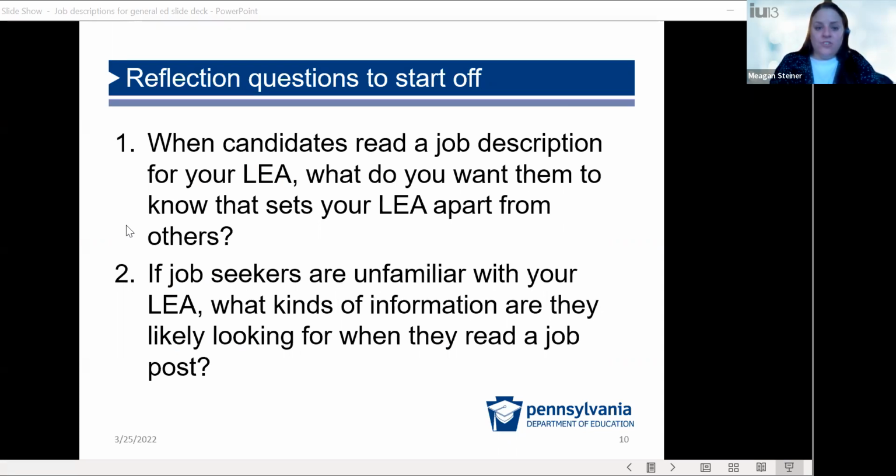And if those job seekers are unfamiliar with your LEA, maybe they're from another part of the state, maybe they're from New Jersey, maybe they're from Maryland, anywhere, what kinds of information are they likely looking for when they read a job post? And as you're thinking about it, if you'd like to share in the chat your answers to number 2, go ahead and share those.